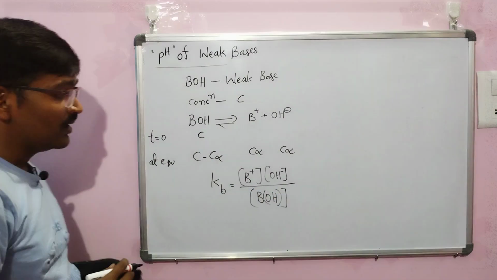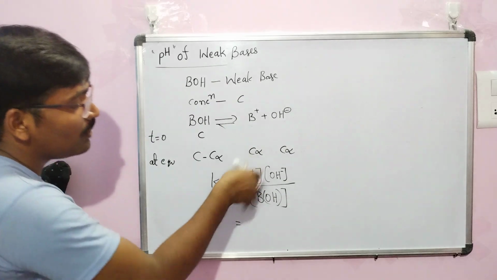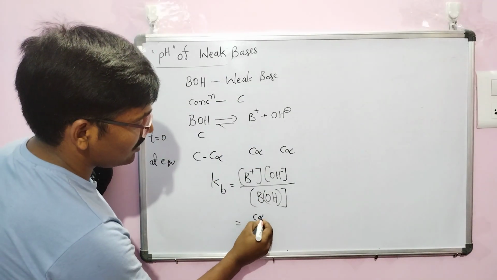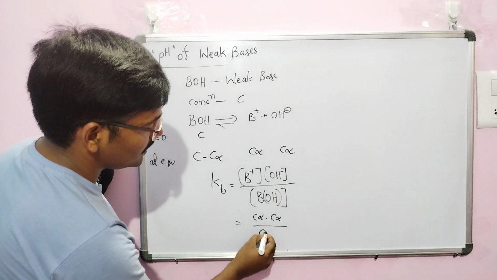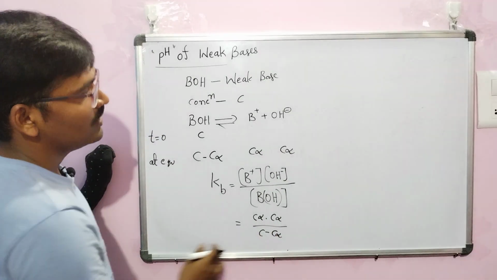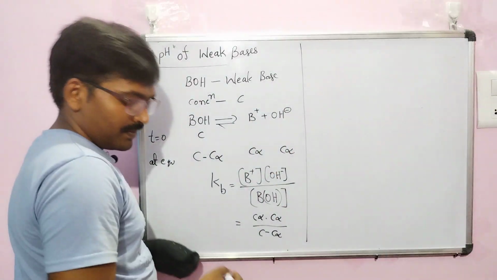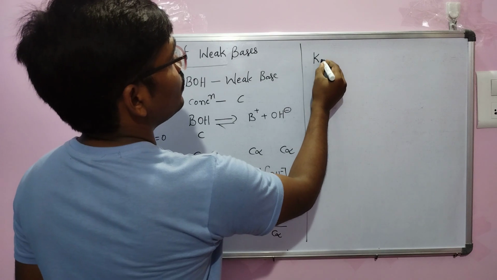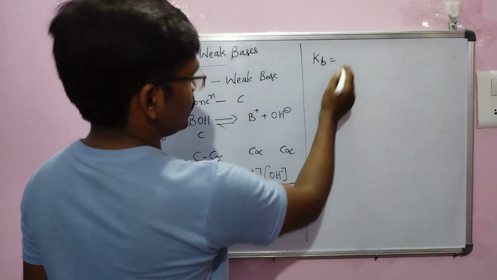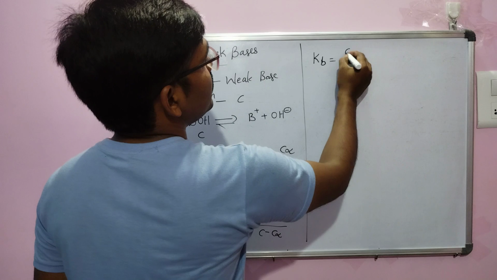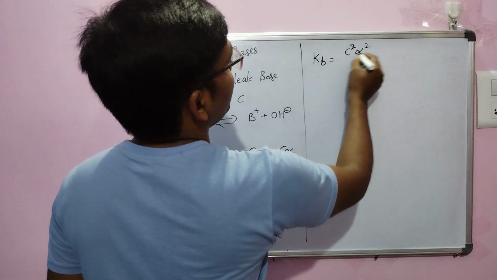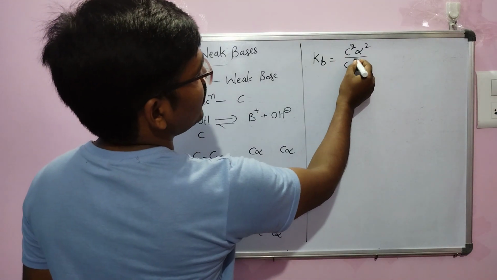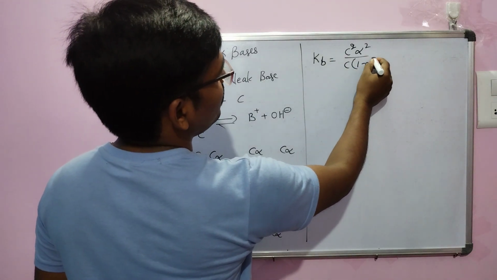Kb is B plus concentration into OH minus ion concentration divided by BOH concentration, right? If you substitute both concentrations, C alpha into C alpha divided by C minus C alpha. So Kb equals C alpha into C alpha, C square alpha square, divided by C minus C alpha, which we can write as C into 1 minus alpha.